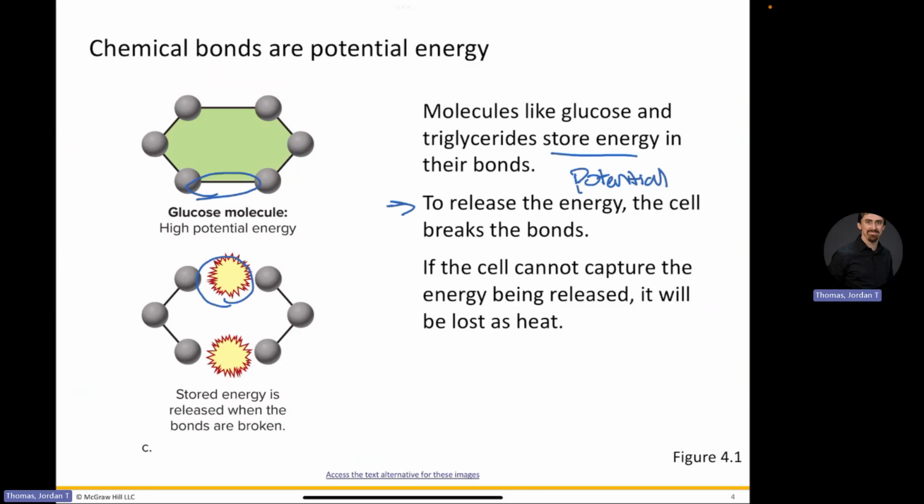So when a bond is being broken, energy is being released. So this is kinetic energy, energy in motion, or energy being used. So we can think bonds have potential energy. When they're broken, they make kinetic energy that can be used.